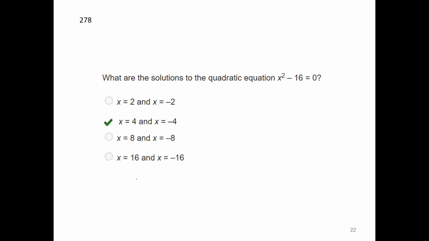Okay, so looking at this part right here, if you just add the 16 on both sides, you guys, that part cancels. X squared equals 0 plus 16 is just 16.